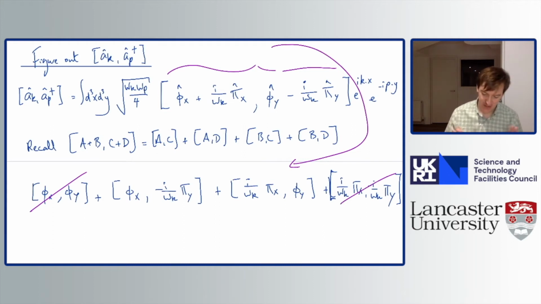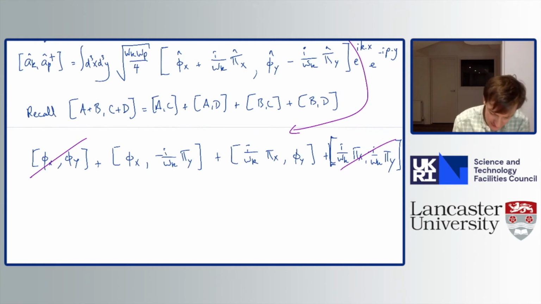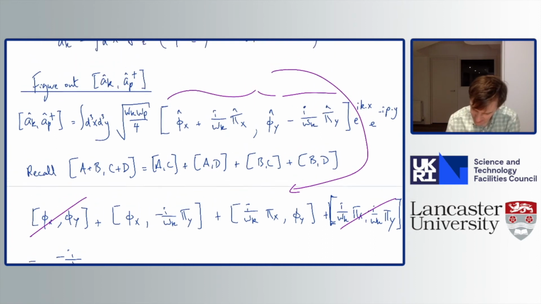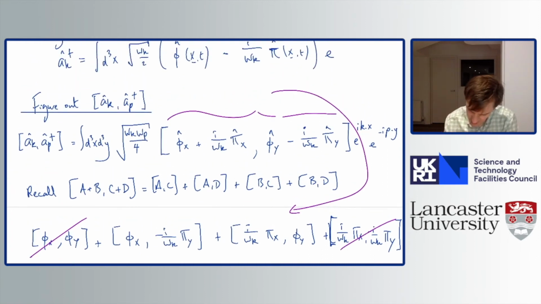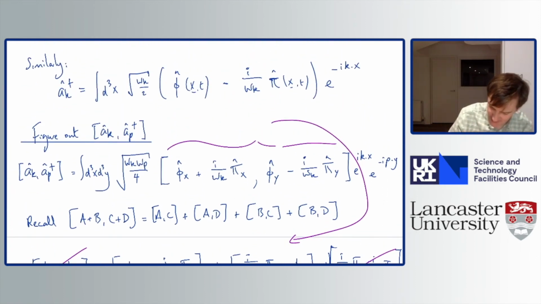So the only interesting ones are the 2 in the middle. We're going to have a minus I, so let's pull out the minus I omega k factor from the commutator. And I realized one extra thing, I've made a mistake up here. I don't know if you spotted it. This should not be an omega k here, because this is the omega that's associated with the p expansion.